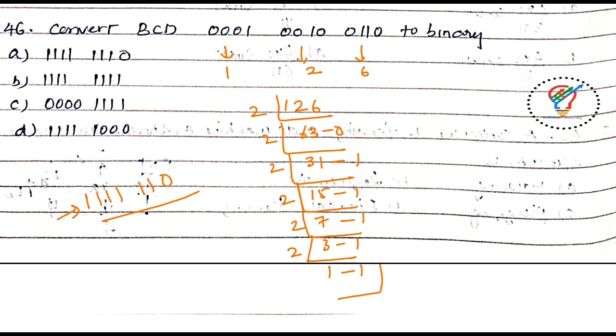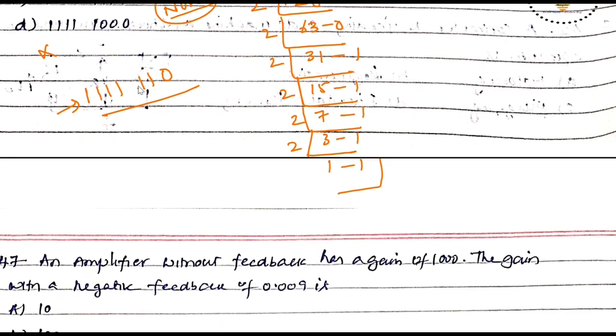So the answer will be none of the above. For this question, no answer is available here. The exact answer will be 1111110, so if you erase this part, then this will be the correct answer for this question. Okay, let's move to the next question.